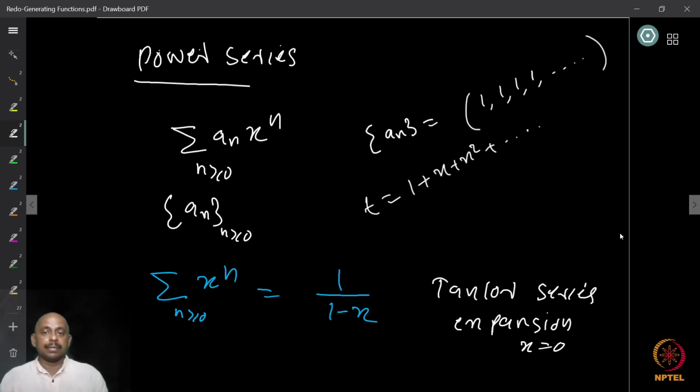Let us say that t is equal to 1 plus x plus x square plus etc. Then I know that xt is equal to x plus x square plus etc. But this is the previous sequence minus 1. The first term is missing.